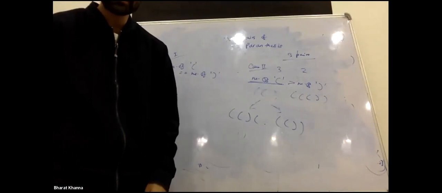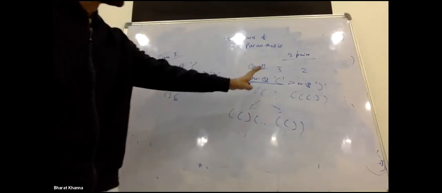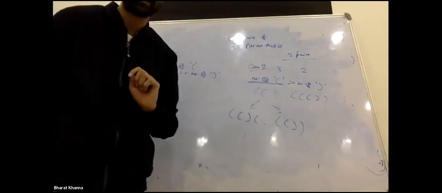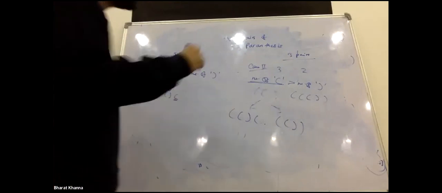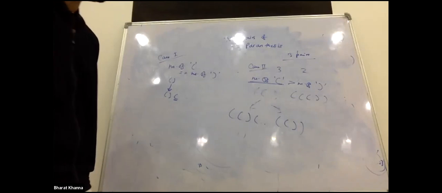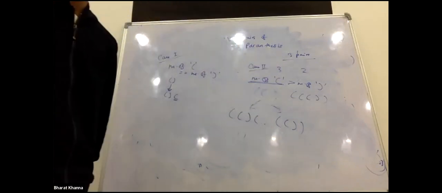The answer is no, because you have already exhausted all your opening brackets. You have used up all of them. But if that is not the case, if the number of opening brackets that you have used so far is less than n, then you definitely have two choices.